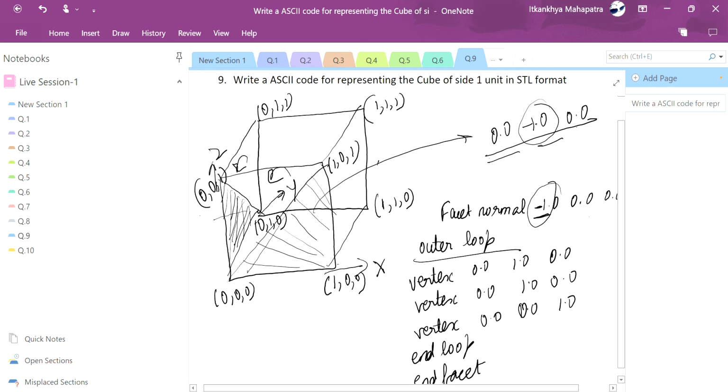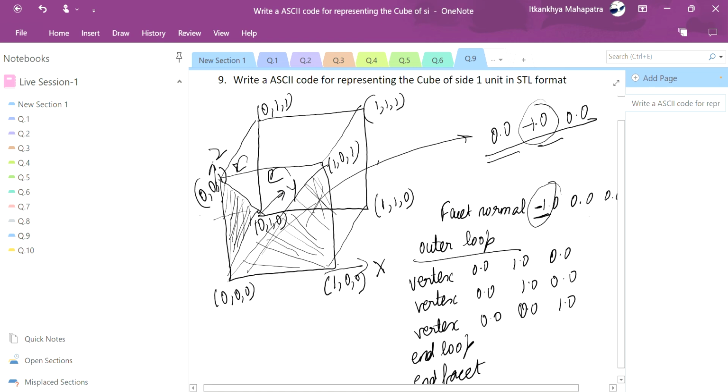Yes, 0, -1, 0. This is for this plane when we are considering this side of unit. Yes, you will be changing that. Yeah, the vertex will be... Yeah, I didn't change it.